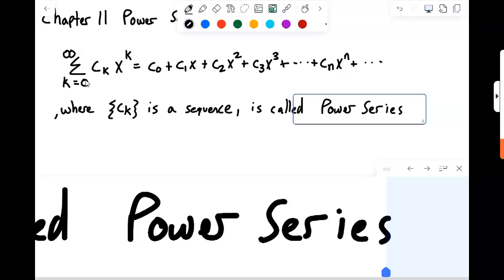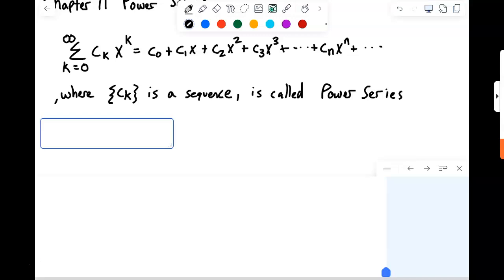Before we get into power series, though, we're going to be building up and looking at polynomials. The first topic we're going to talk about is what are called Taylor and Maclaurin polynomials.